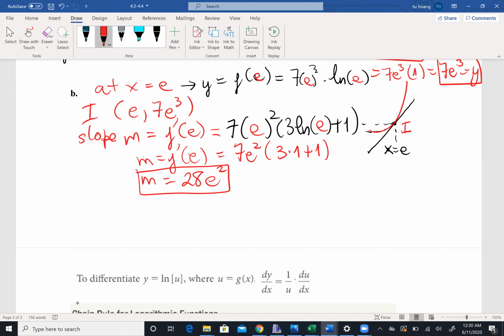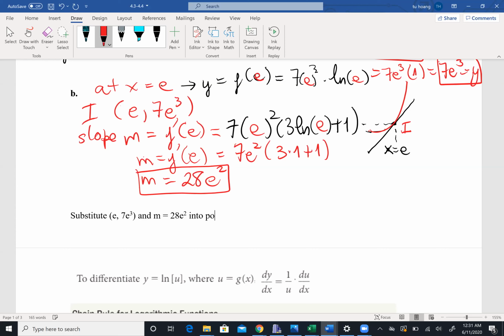And I need to do what? I need to substitute the point e, 7e to the power of three, and m equal to 28e squared into what?